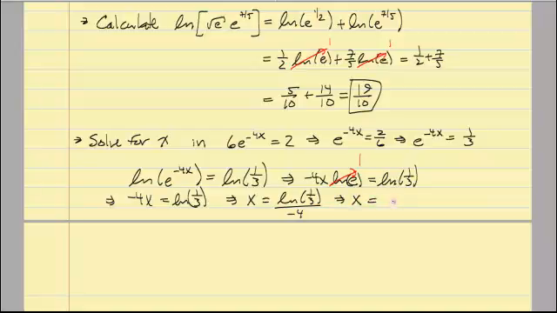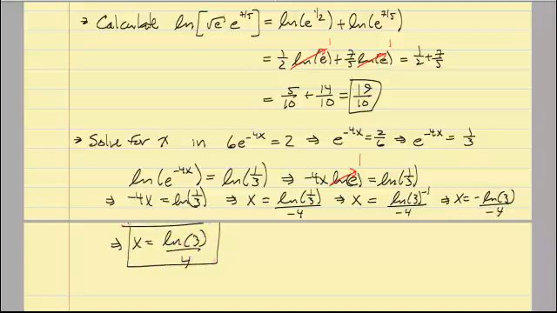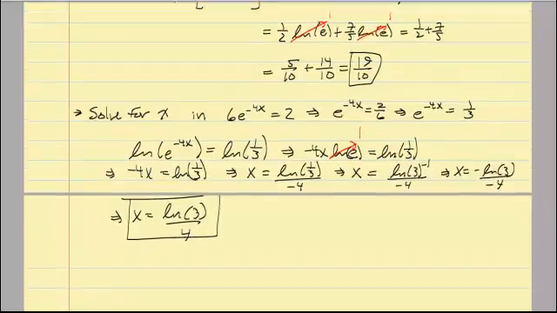But we can go even further with this. Natural log of 1/3 is the same as the natural log of 3 to the negative 1. And of course from here I can pull that negative out front, and I get x is equal to the natural log of 3 over 4. That's my solution. Now is there a way to check it? Yep. I could take this value of x, plug it right into my exponent, simplify, use my definitions of logs, and I should get 2 back out. And I do if you check.